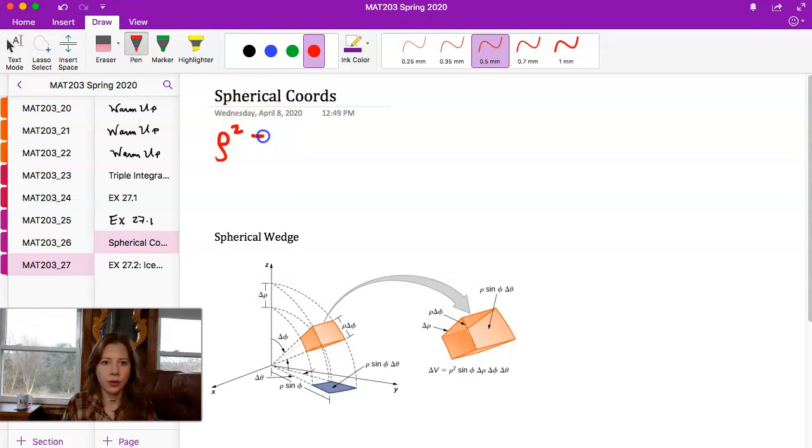So we have rho squared is equal to x squared plus y squared plus z squared.